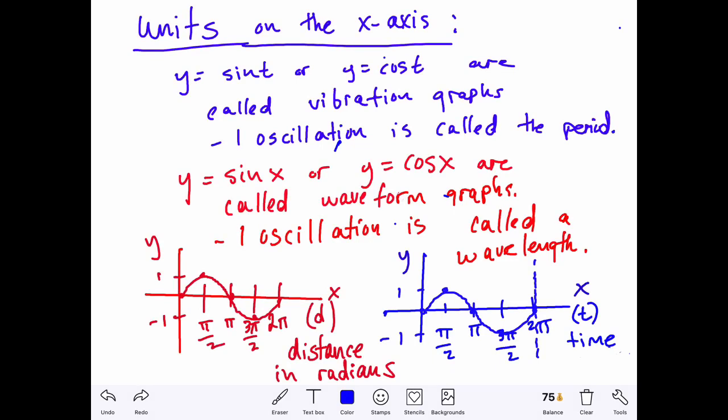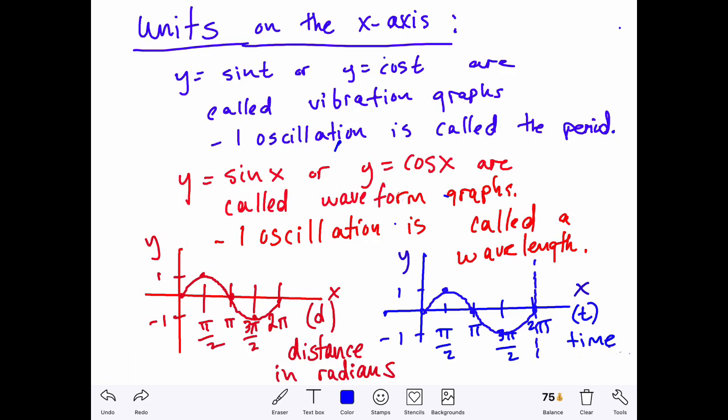Okay, so I just wanted to begin with a clarification of our units on the x-axis here. We can really look at this two ways. Here in purple we've got y equals the sine of t or y equals the cosine of t, which are typically called vibration graphs, and one oscillation is called the period. I've graphed one oscillation on each down below.